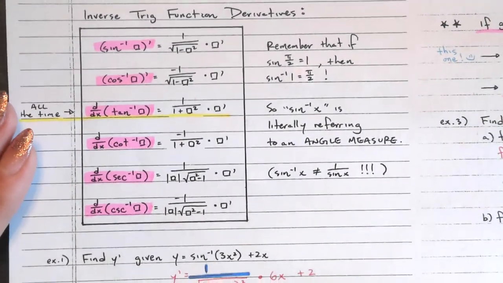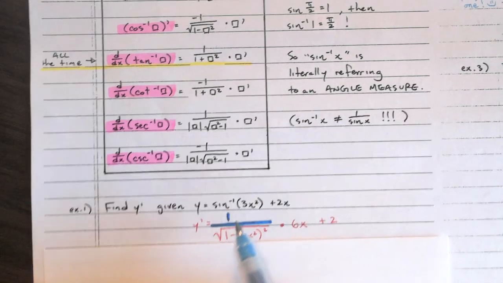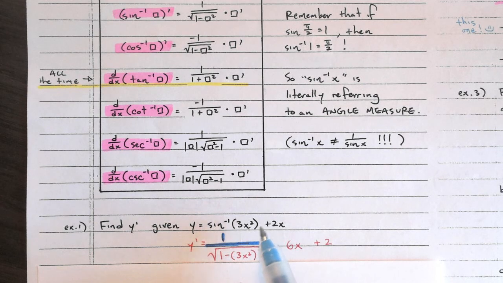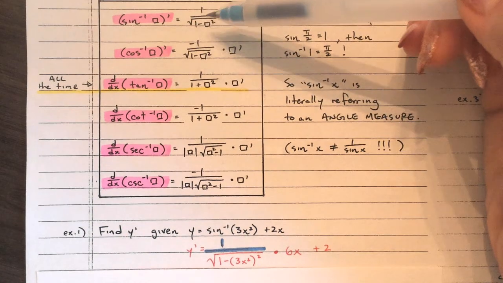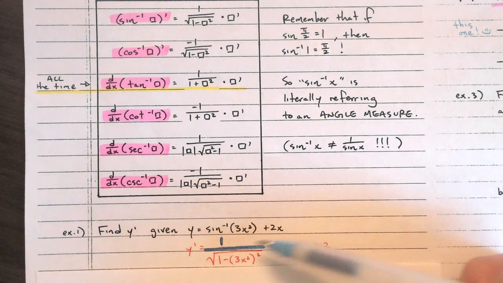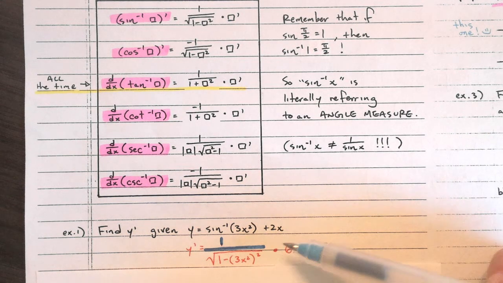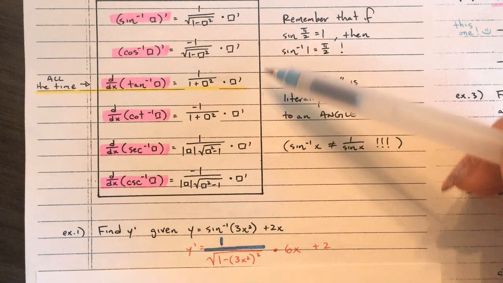The first one we did together, but I still want you to see it. So the sine inverse of 3x squared plus 2x. I just follow this: 1 over the square root of 1 minus, and then you take that quantity and square it. So that's box squared, and then times box prime. Notice all those box primes.